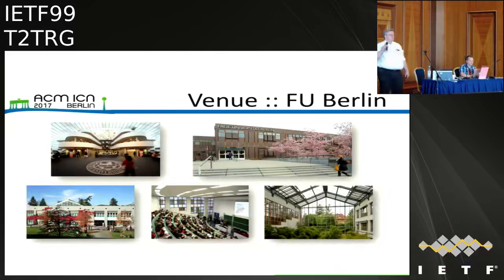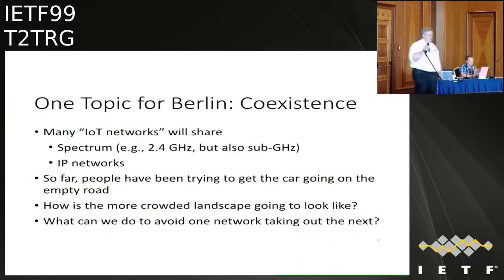So one thing we might want to open up as a new topic in Berlin is coexistence. We had a breakout group in Chicago that discussed coexistence, and we can probably get a few research contributions on that in Berlin.